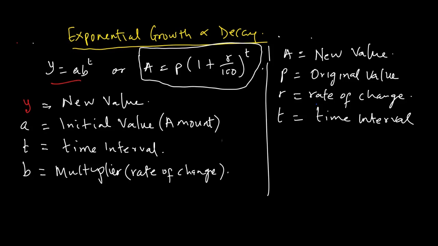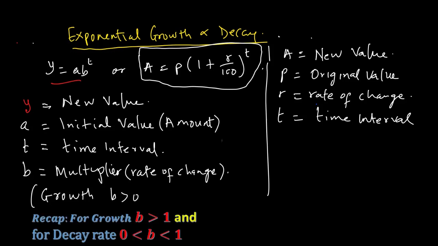For growth, we are going to see that b is greater than 1. And for decay, we have the interval for b: b ranges between 1 and 0.